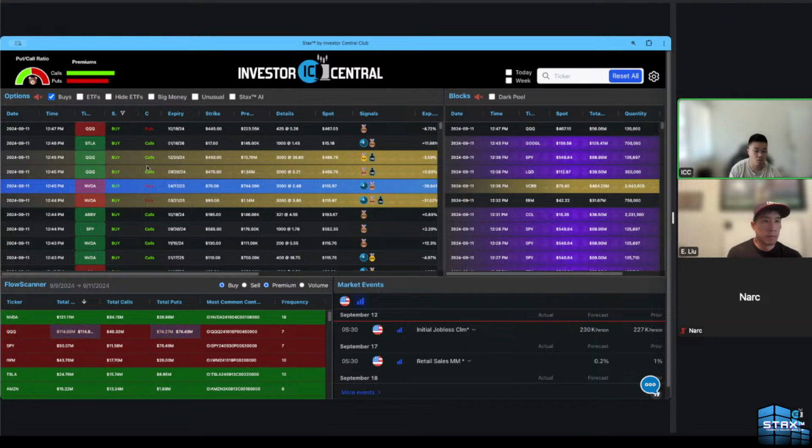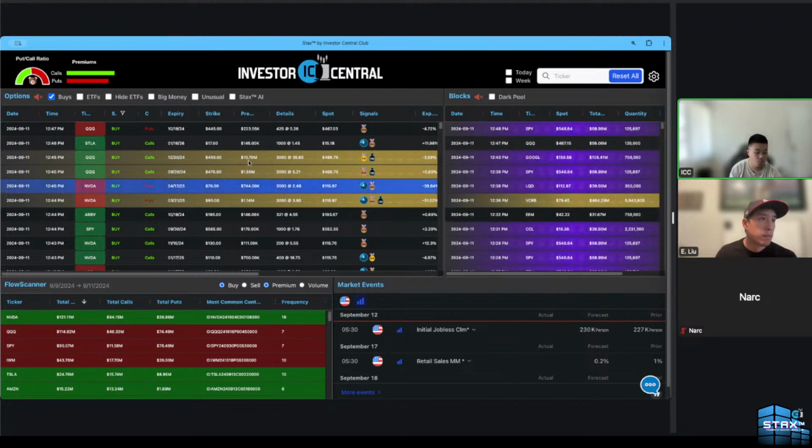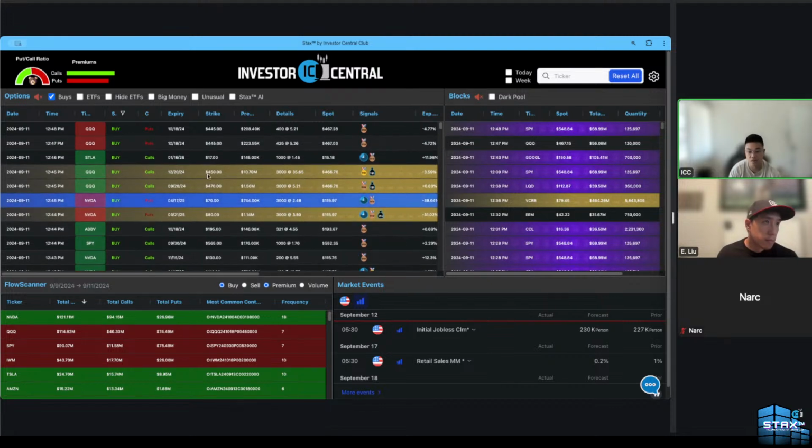We did just see, as Eric was talking, another $10 million in QQQ calls. However, these are 12/20 expiration, and these are in the money 450 strikes. If that person were to take on a scalp, that's already like a 2% gain off of $10 million.